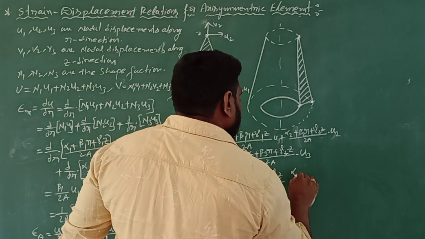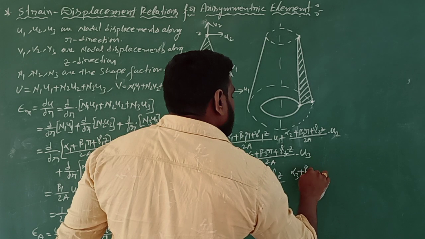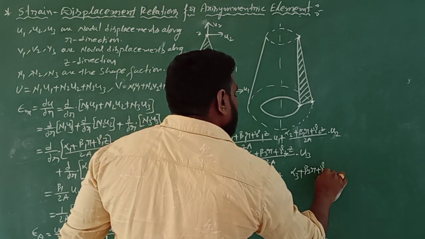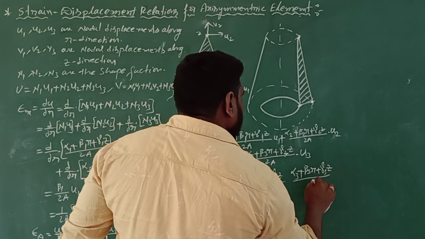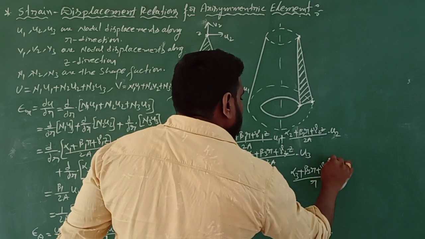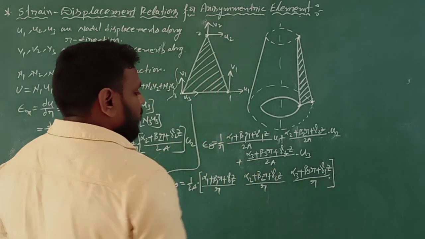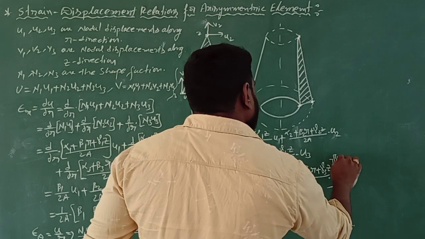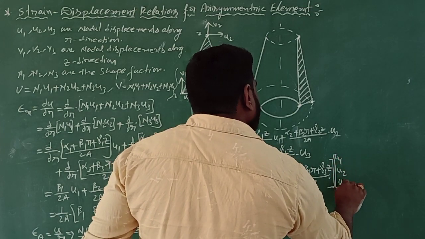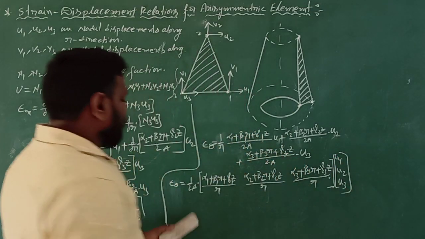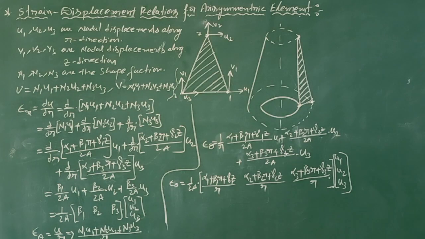Here also alpha 3 plus beta 3 r plus gamma 3 z whole by r. So finally we got it like this. So u1, u2 and u3. So epsilon theta is also like this.